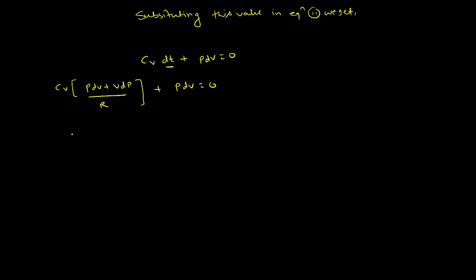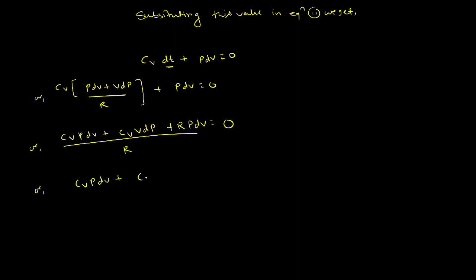Now taking the LCM, and multiplying R, we get Cv PdV plus Cv VdP plus R PdV equal to 0.